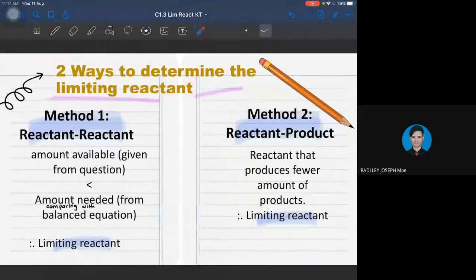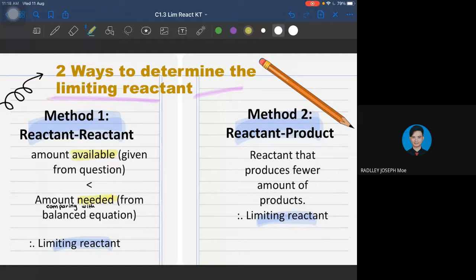Okay, kalau yang dah belajar, kamu tak ingat, just recap balik lah. Sebab Miss ni senang je, kamu just kena recap. Alright, so for method 1, kita akan compare reactant dengan reactant. So bila kita compare reactant dengan reactant, kita nak tengok dia punya amount available dengan needed. So itu keyword dia, available and needed. Yang ada dengan yang perlu. Alright, so next method adalah reactant dengan produk.